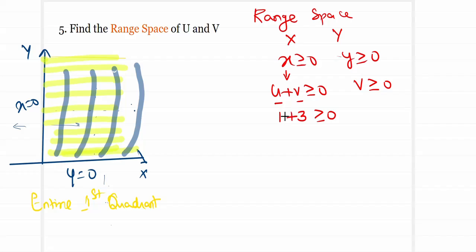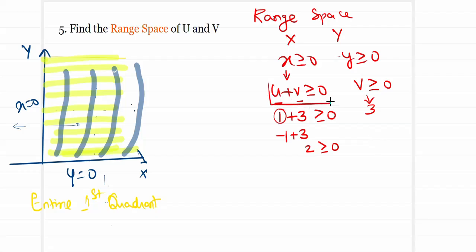There can be one more choice, that this number can also be negative, in which case also the sum will be greater. If I fix my v as 3, and if u is minus 1, then what will happen? Minus 1 plus 3 gives you 2, which is still greater than or equal to 0.